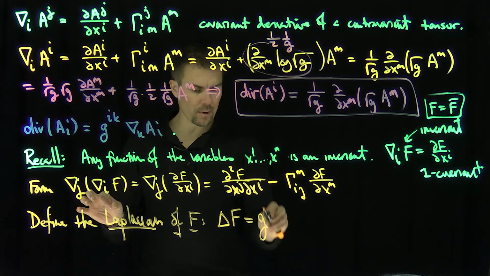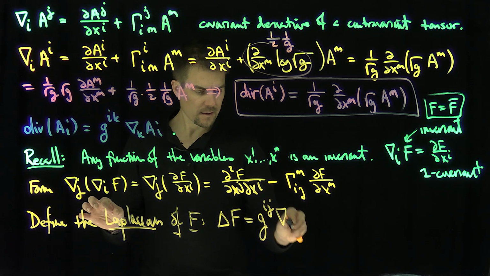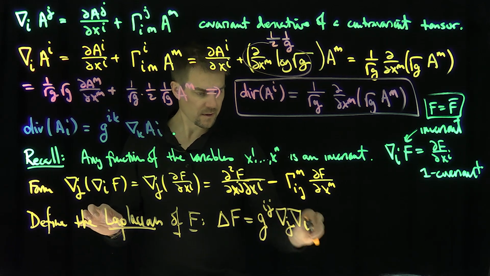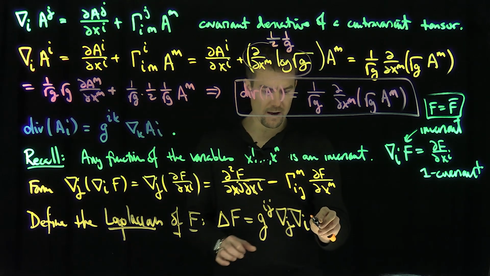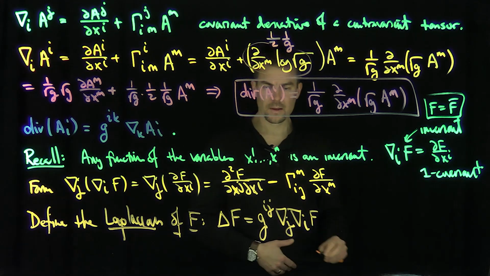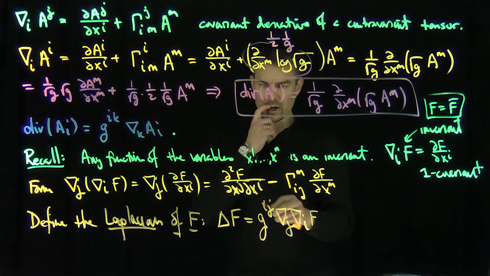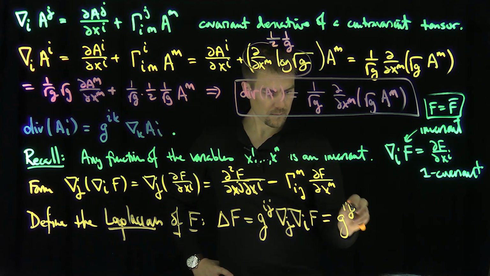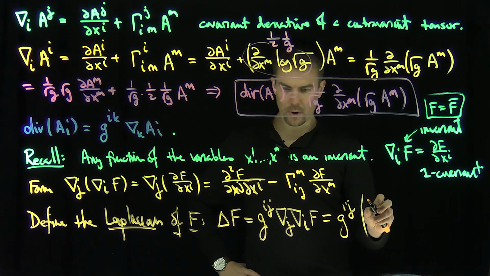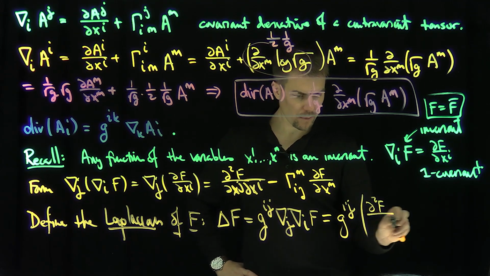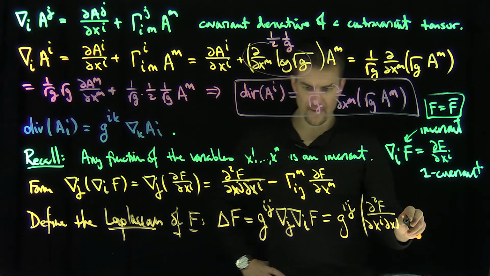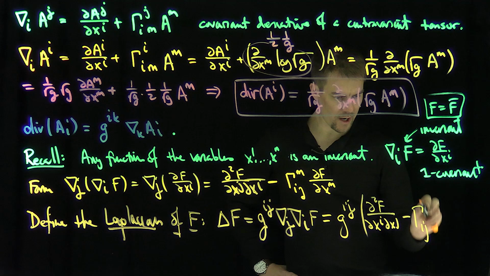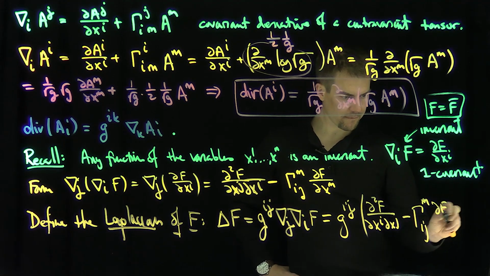I'm going to do a g upper ij of this thing, right? And so now all I've got to do is just put the g upper ij out in front of this thing over here, right? And then partial squared f, partial xi xj, and then minus gamma i j m, partial f, partial xm.